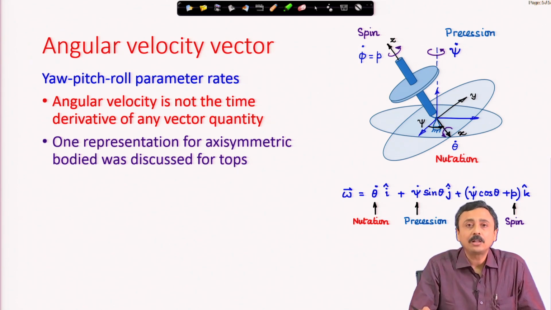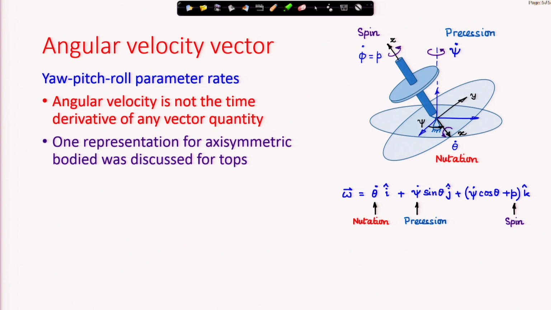Recall the axisymmetric body spinning, precessing and nutating, the general motion of an axisymmetric body that we have discussed.